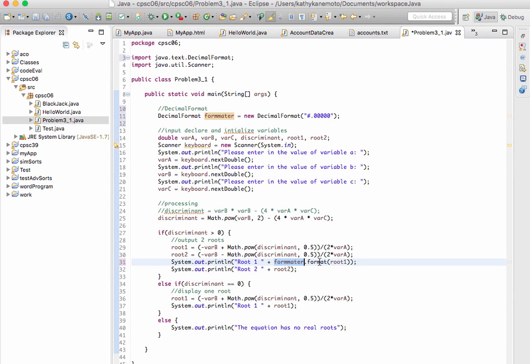So just to see how this works, we'll go ahead and copy and paste it here. Remember to triple click, Control C, triple click, Control V, Control S for save.